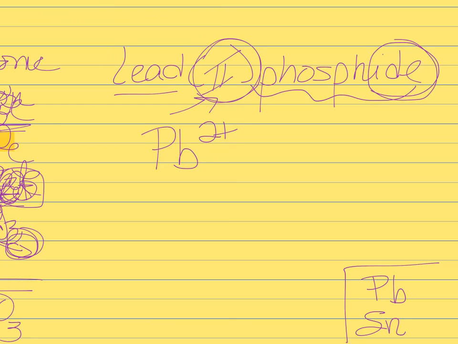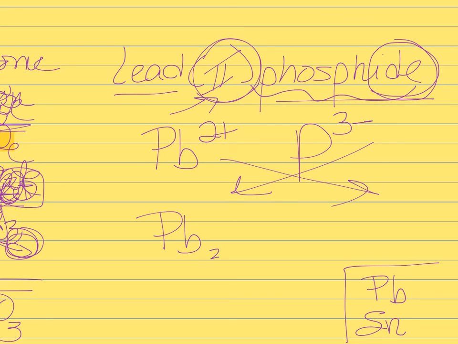So if something ends in IDE, it is 99% of the time an element from the periodic table. So this is simply referring to phosphorus. Phosphorus is in the group that has charge when it's an ion of -3. So when we crisscross, we end up with Pb3P2. That is lead phosphide formula.